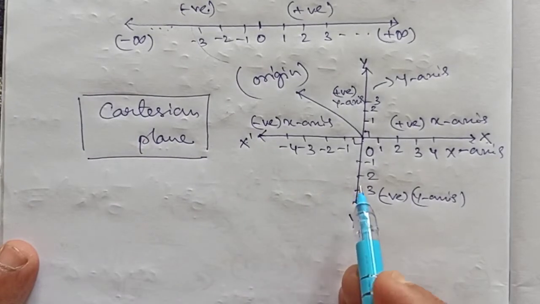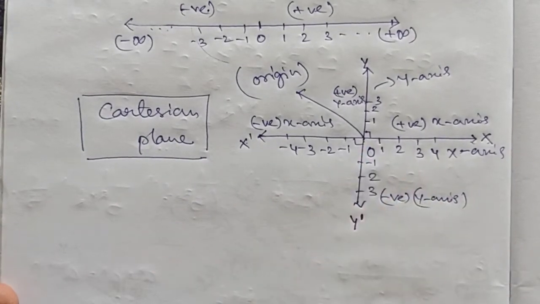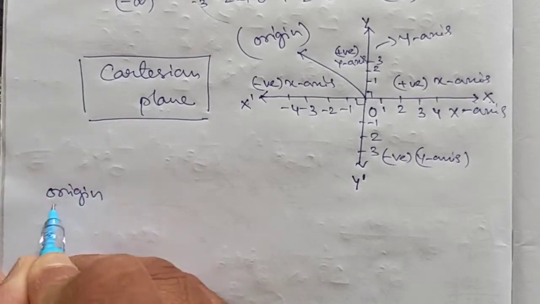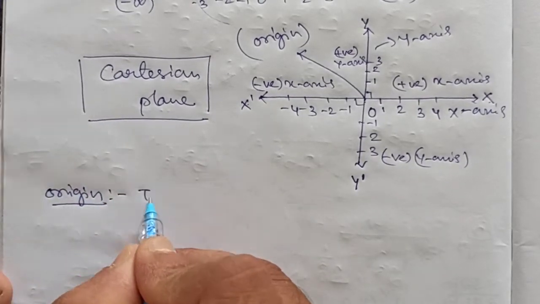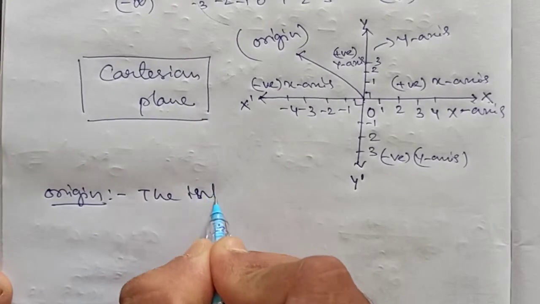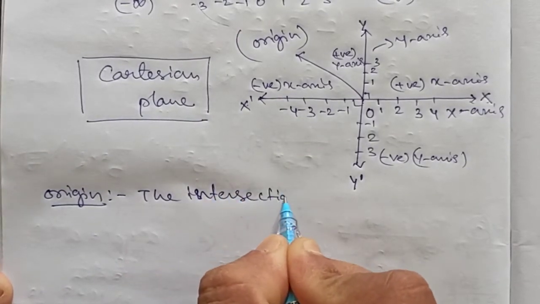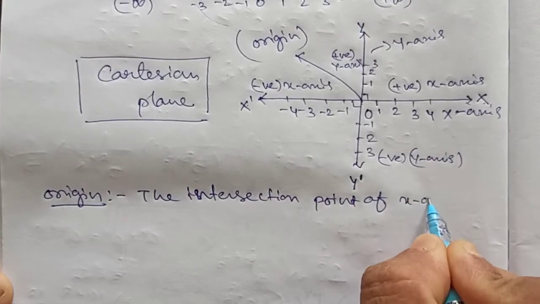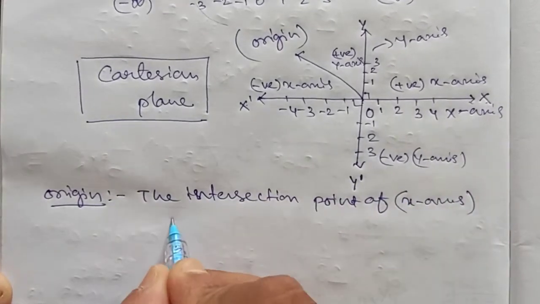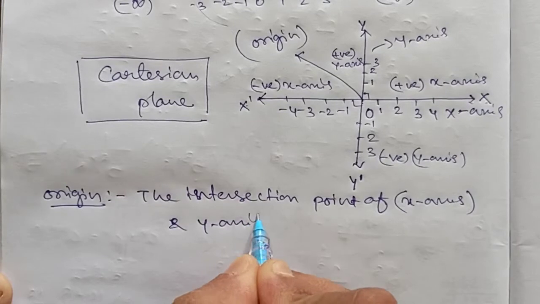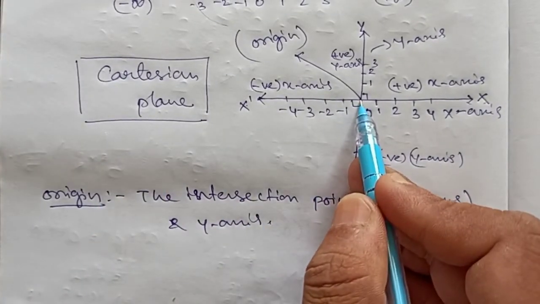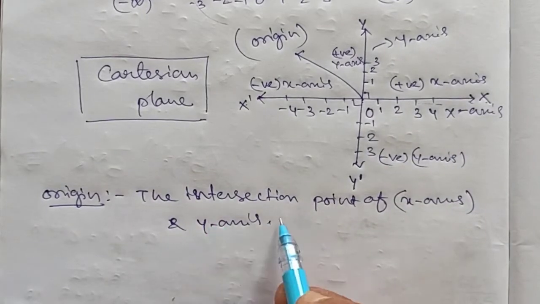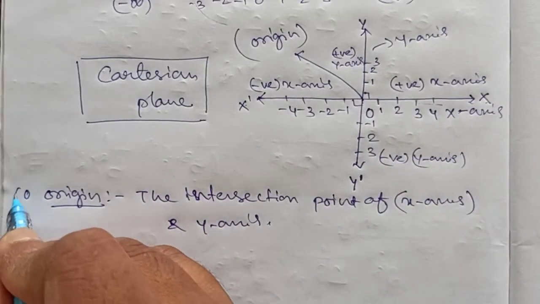And what is the origin? Origin is the intersection point of the x-axis and y-axis. This is called the origin. It will be denoted as O.